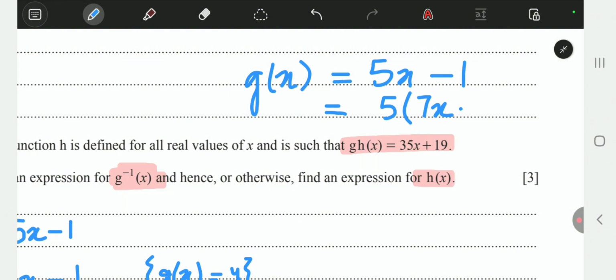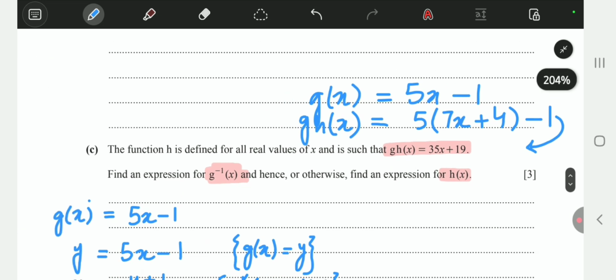So 5 times 4 is 20, and 20 minus 1 can give you 19. So manually thinking of it the reverse way, you can get the idea that h of x could be 7x plus 4. But this is not like a proper procedure of doing it. Yes, you can do it mentally, orally, if your marking scheme allows you for this, or otherwise to get an idea of it you can do it this way.